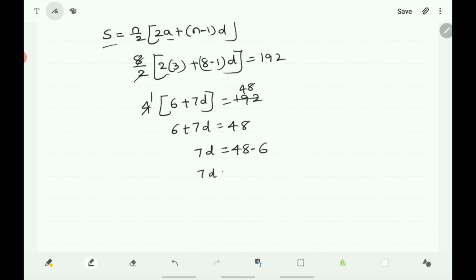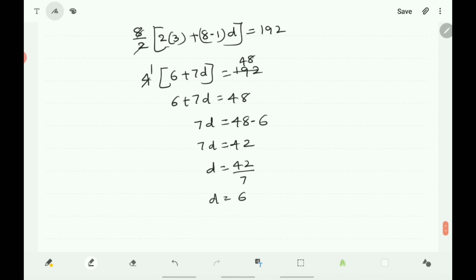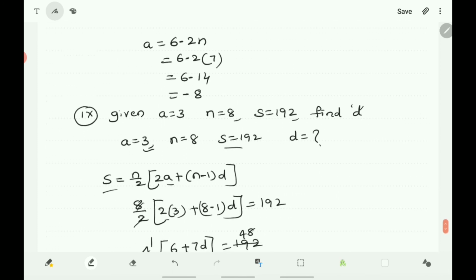So 7d is equal to 42, and d is equal to 42 by 7. So d is equal to 6. You got the value of d, that is 6.